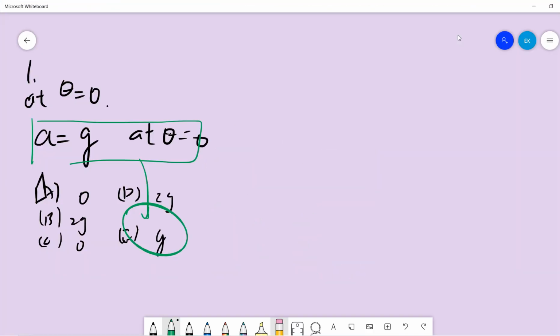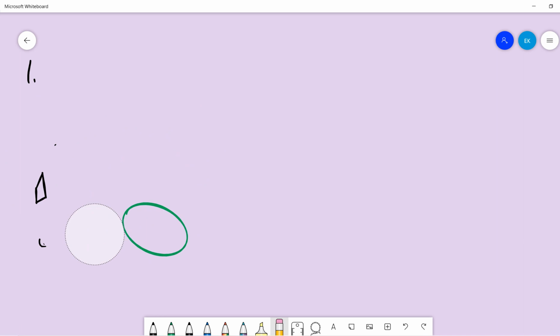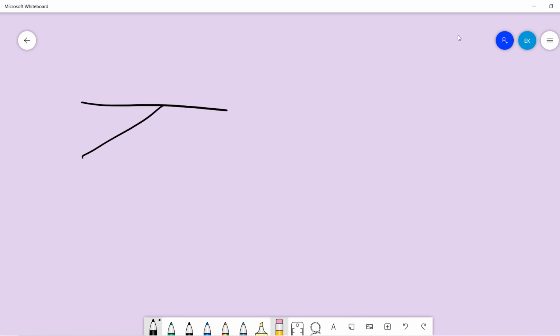Okay, but I know that you guys will not be satisfied with this answer. But as I said, in a test, you should use this way to get the answer. So let me directly solve it. In general theta you will have g. You have one acceleration, which is the tangential acceleration, g sine theta.